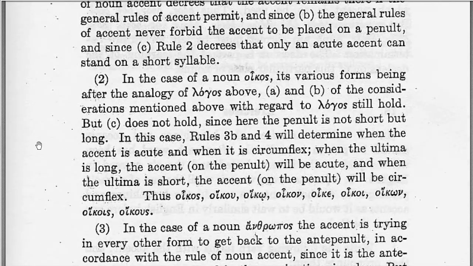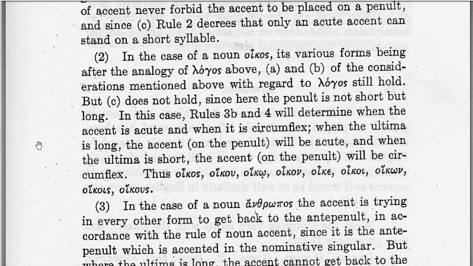Example number 2. In the case of the noun oikos, its various forms being after the analogy of logos above, A and B of the considerations mentioned above with regards to logos still hold, but C does not hold, since here the penult is not short but long. So you have an omicron iota.